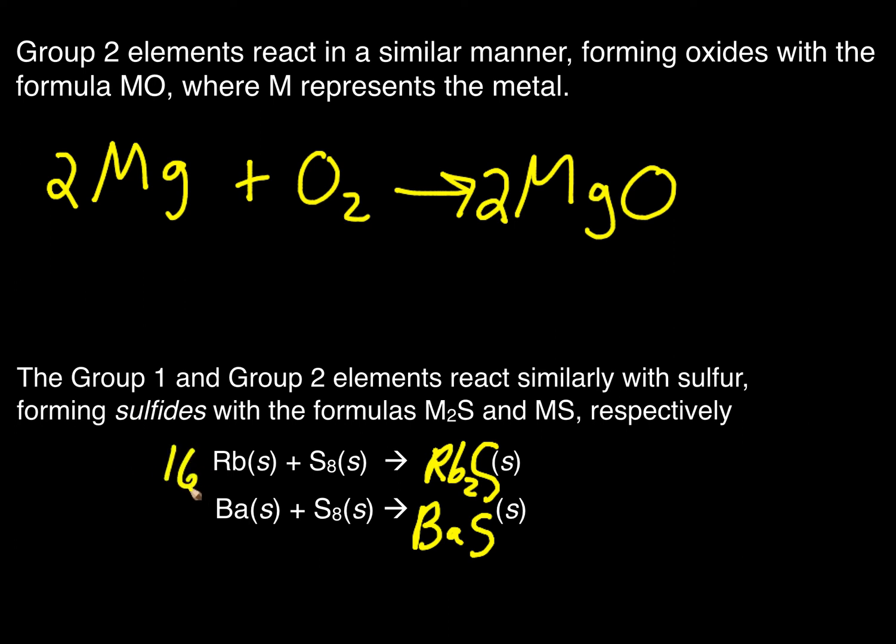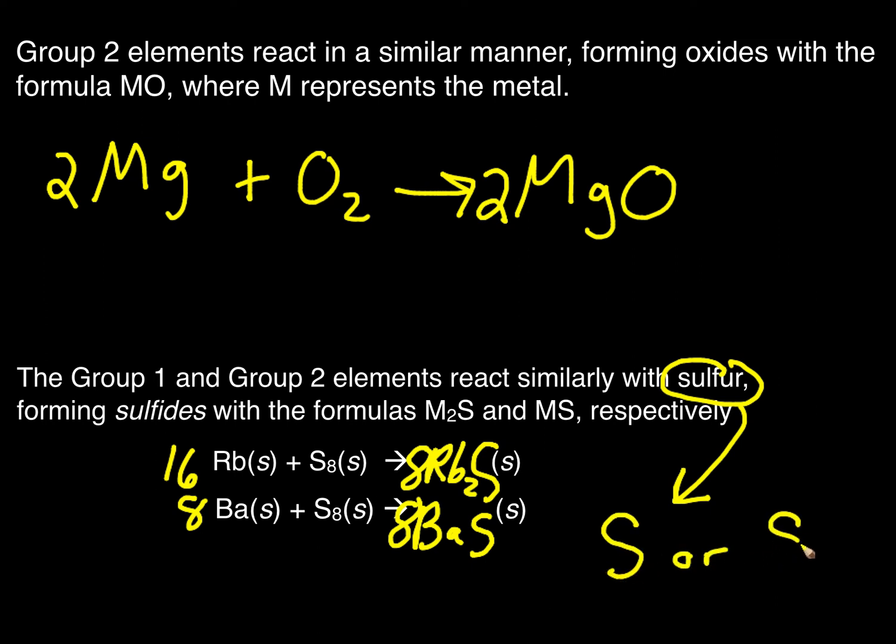We have 16 for our coefficients, 16, 1, and then 8. And for the bottom one, we will have 8, 1, 8. Now, this sulfur can be tricky. Sulfur can be represented by just S or S8, and I would specifically tell you which one to use on an assessment or another activity.